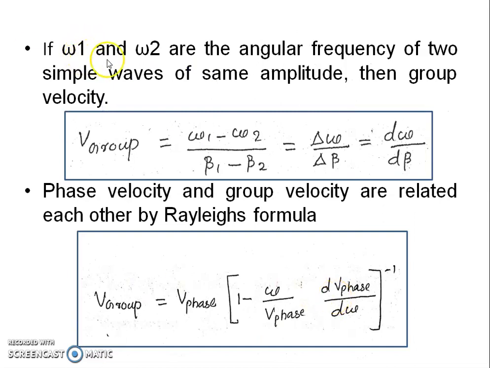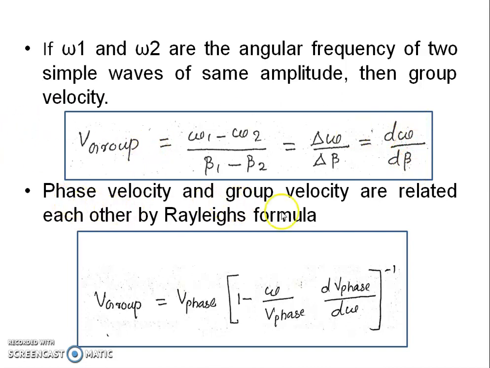If omega 1 and omega 2 are the angular frequencies of two simple waves of the same amplitude, then the group velocity can be found. V group is equal to omega 1 minus omega 2 divided by beta 1 minus beta 2, that is equal to delta omega divided by delta beta, or d omega divided by d beta. It is the group velocity.